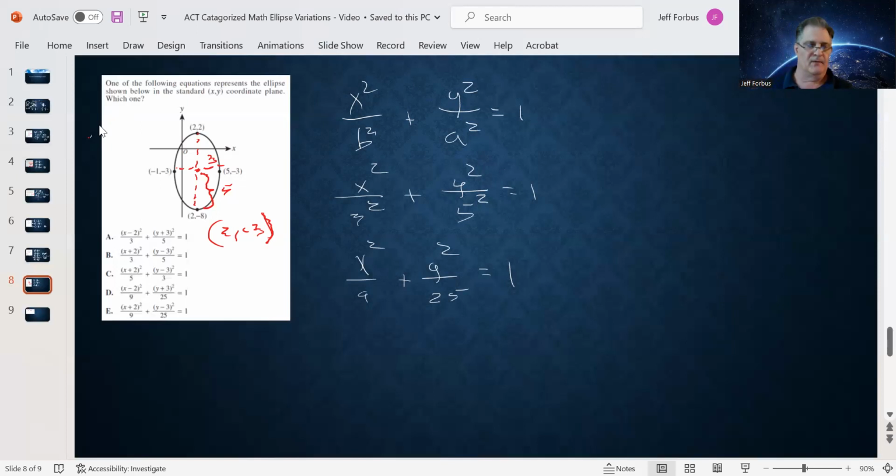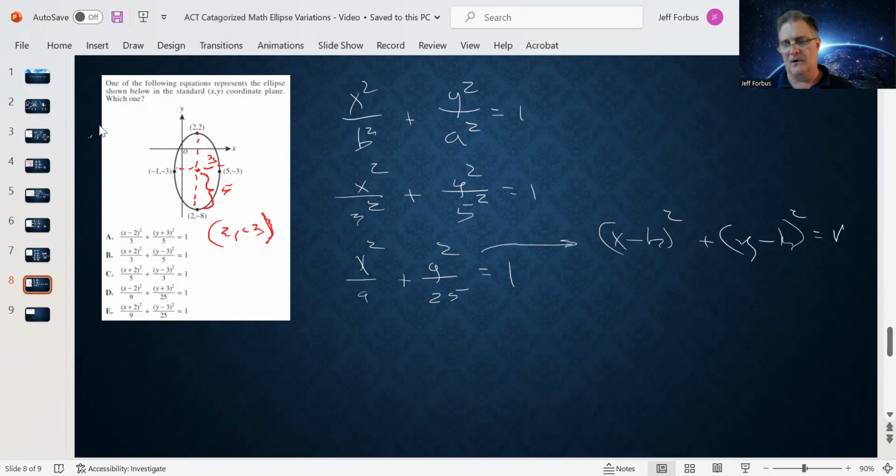Now we need something in here with a 9 and a 25. And D and E fit that profile. However, we need to compensate the numerator of this standard form of ellipse equation because of where the center is. So remember, the standard form for the circle is x minus h squared plus y minus k squared is equal to r squared.